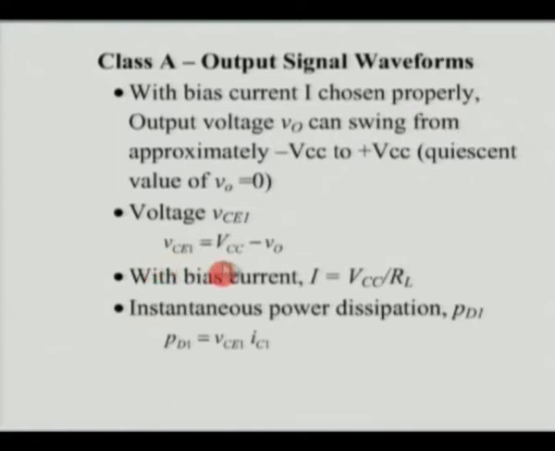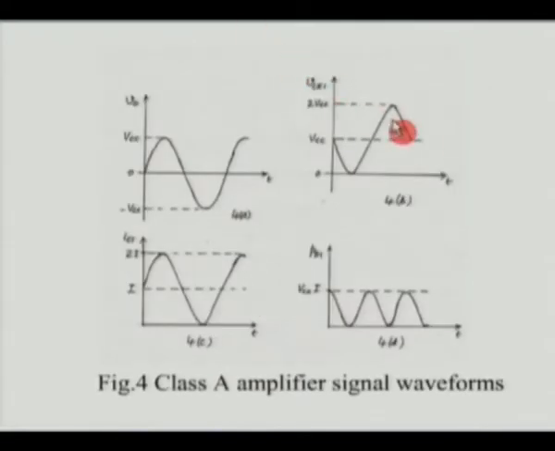Now we can also sketch another waveform which would tell us the value of I. We can also sketch the instantaneous power dissipation, which is defined as VC1 times IC1.